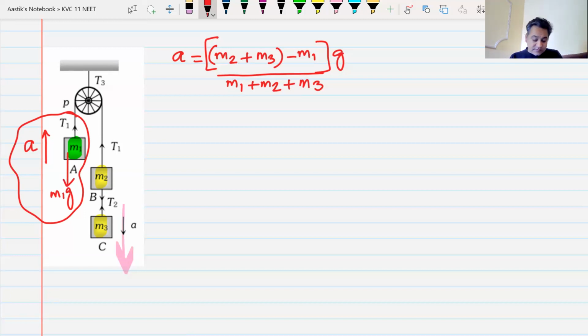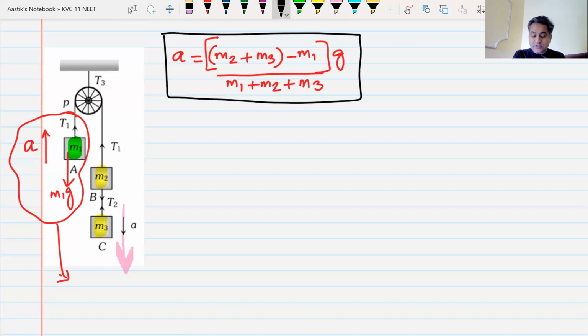What is the equation of this block? Can anyone tell me? Remember, we have already calculated the value of the acceleration of the system.